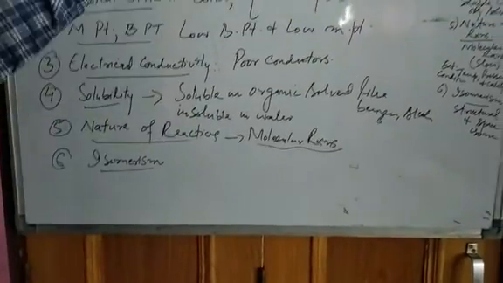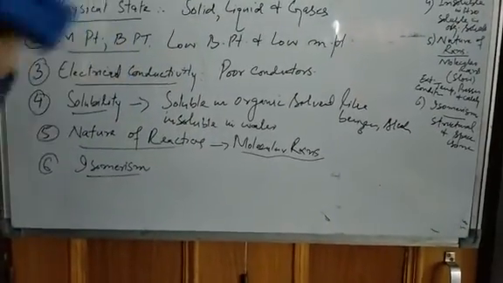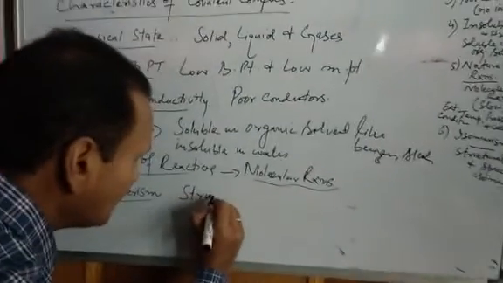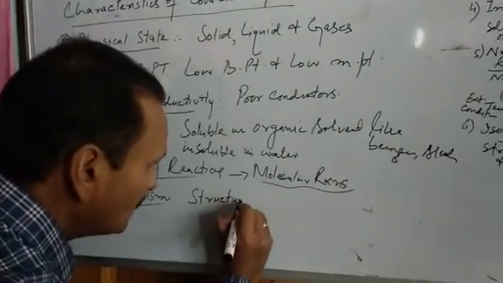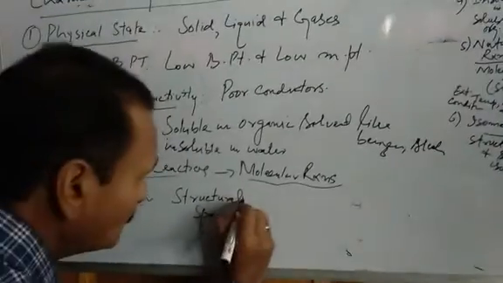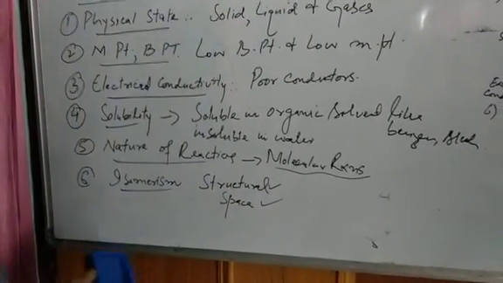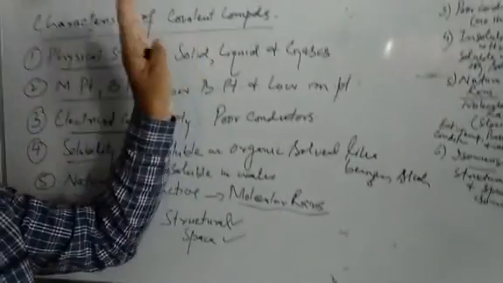And as far as your covalent compounds are concerned, they show structural as well as space isomerism. Two types of isomerism are shown by these compounds. So this is all about covalent bonding. Thank you very much.